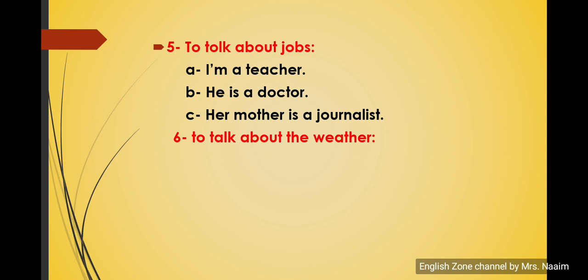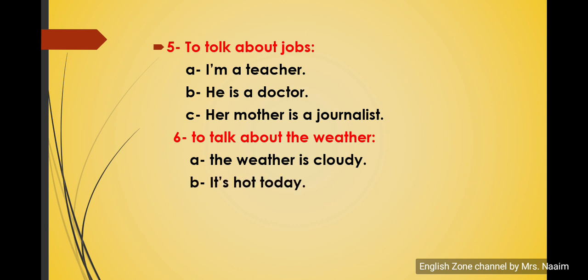Okay. So the weather is cloudy. The weather is cloudy. بمعنى أن الجو غائم. الجو غائم. Okay. مثال ثاني. It's hot today. It's hot today. الجو حار اليوم. Okay. It في هذه الجملة تدل على weather. تدل على الجو. الجو حار اليوم.